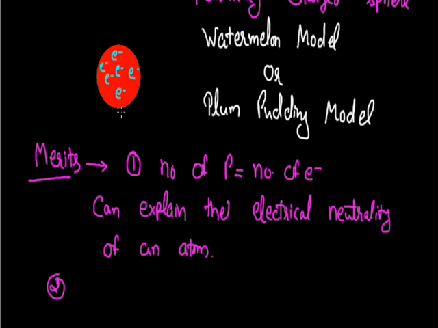If we say that electrons are randomly arranged in this positively charged sphere, then the chances of emission of these electrons increase, and when these electrons are emitted from the cathode, this is the reason for the emission of cathode rays from the cathode ray tube. So another major merit of this Thomson atomic model is that it can explain the emission of electrons from the cathode in the cathode ray tube.